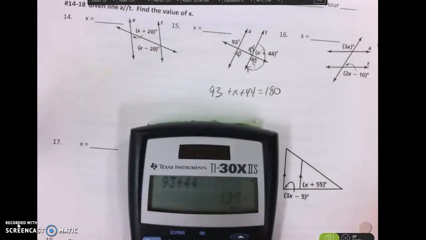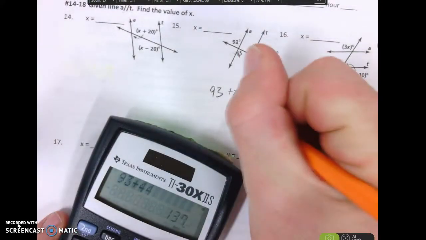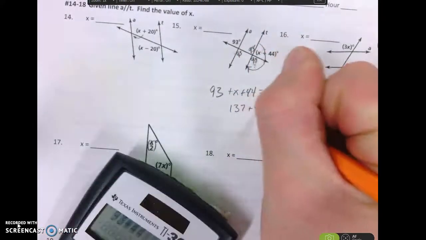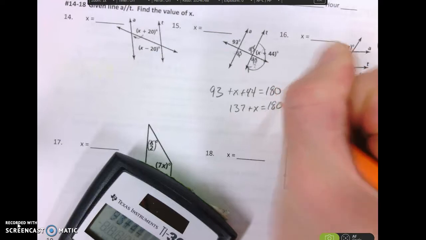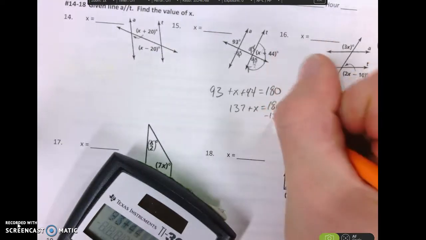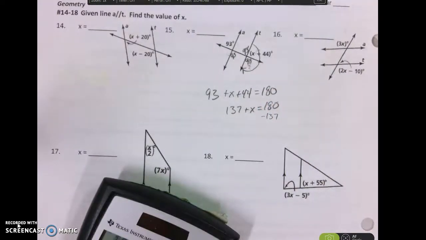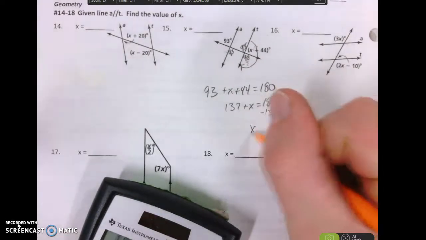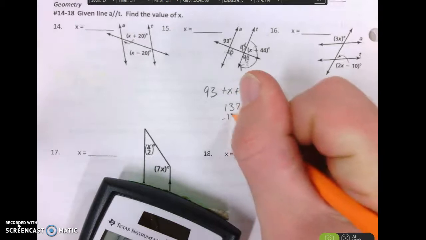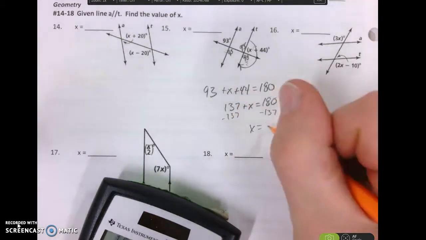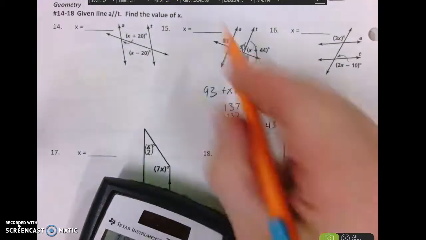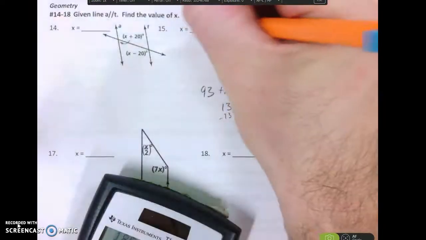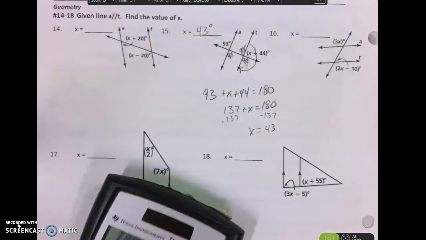And that gives me 137. So 137 plus x equals 180. Subtract the 137 from both sides, and I get x. Subtract both sides. x equals 43. That's what it asked for. So x is 43 degrees.